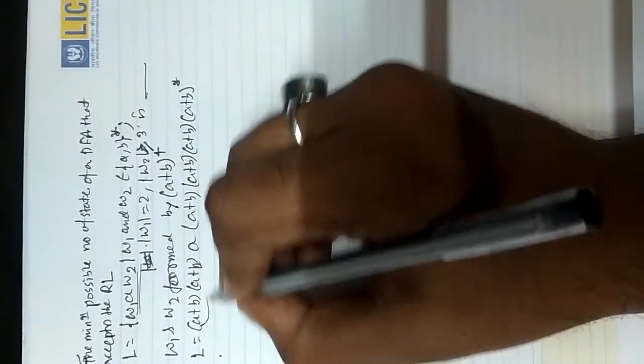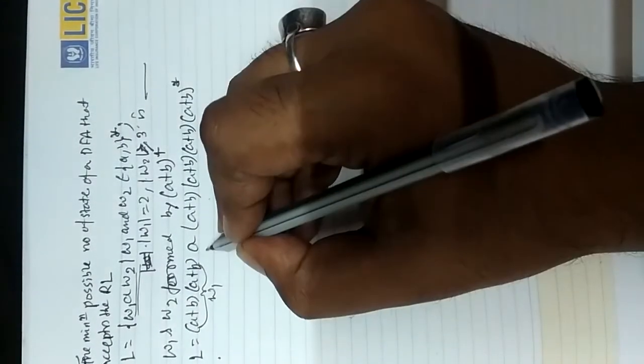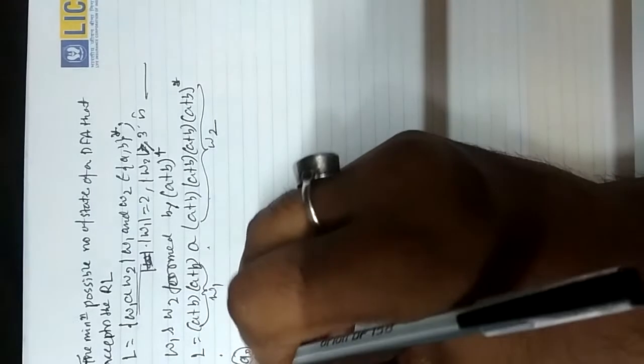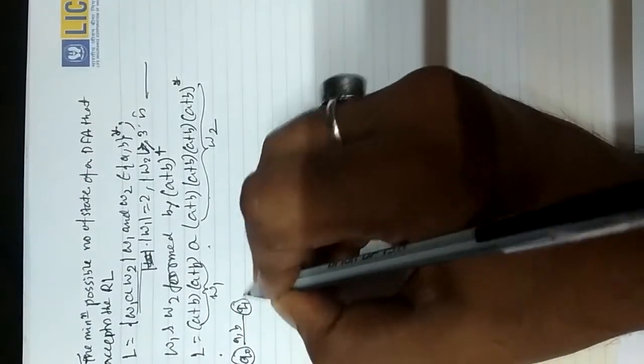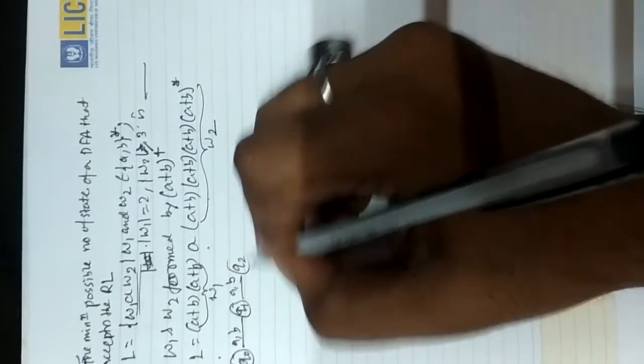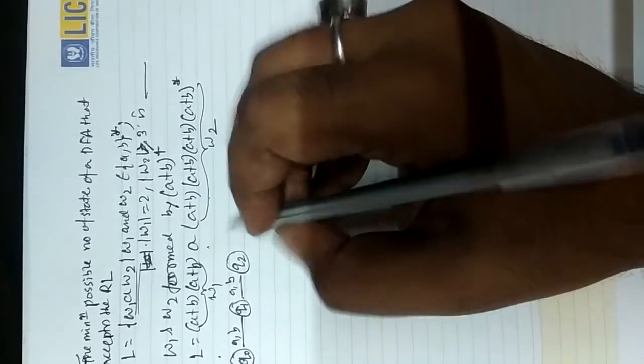So this is your W1, this is a, and this is your W2 part of the DFA. Starting with Q0, either a or b, Q1, either a or b. Next you go to Q2. From Q2 the input is only a. And where is b?